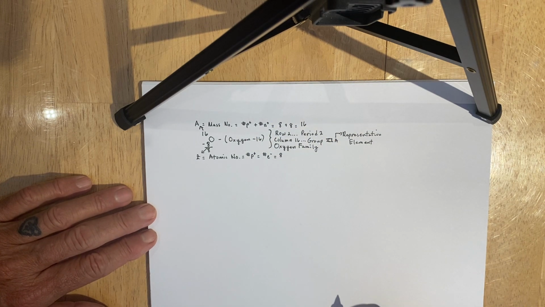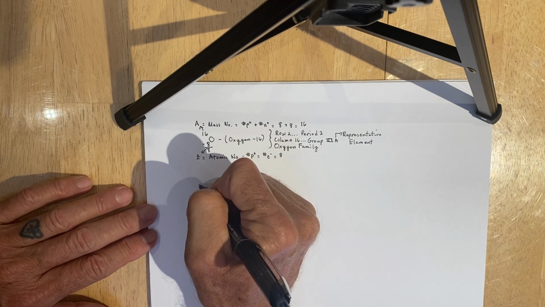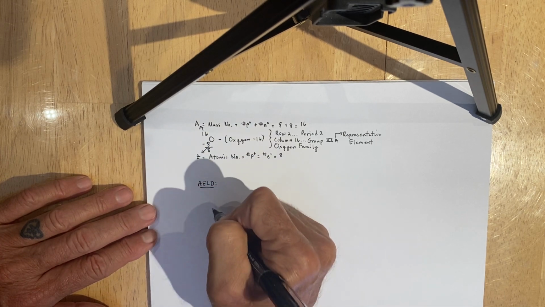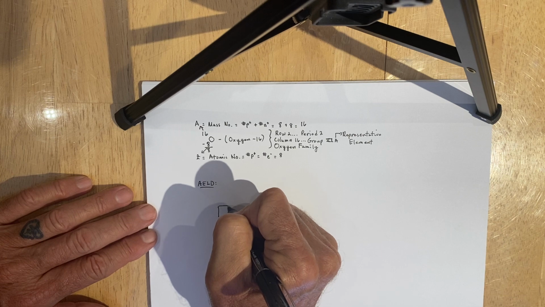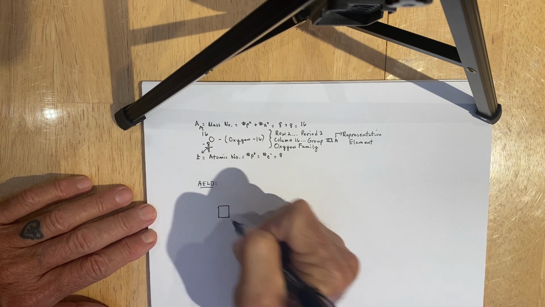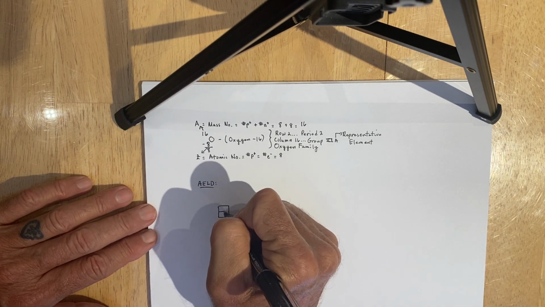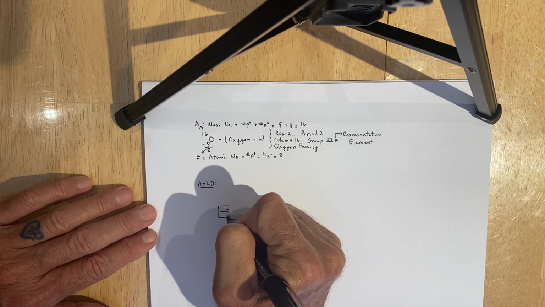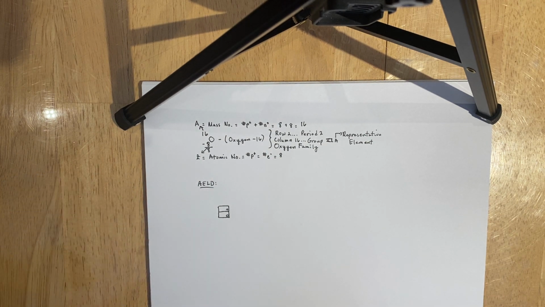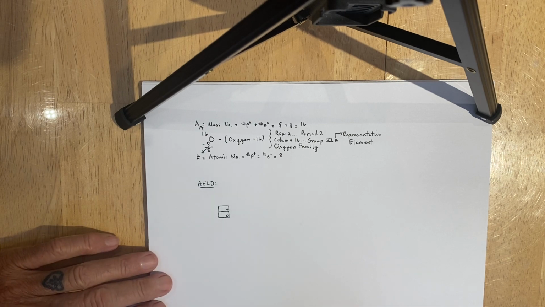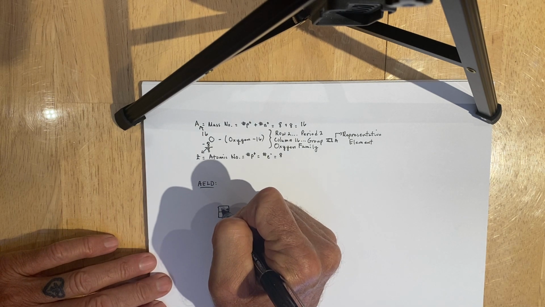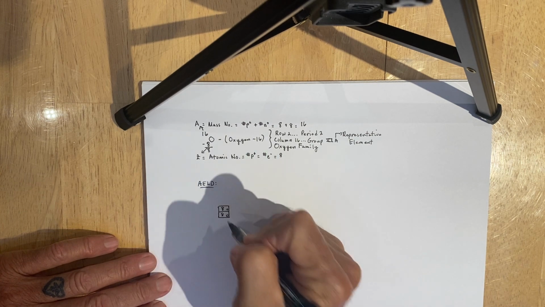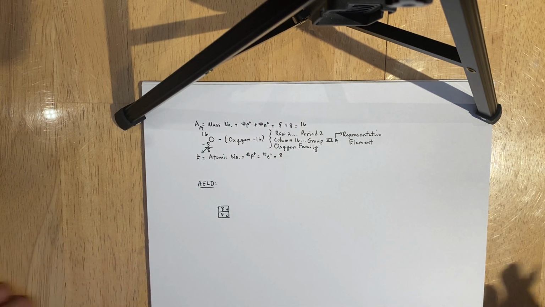That being said, I want you to once again draw the AELD representation, which in essence, we will start with a nucleus and divide that into 2 boxes, an upper box to represent the number of protons and a bottom box to represent the number of neutrons. In this particular isotope, we know there are 8 protons and 8 neutrons that comprise the nucleus.